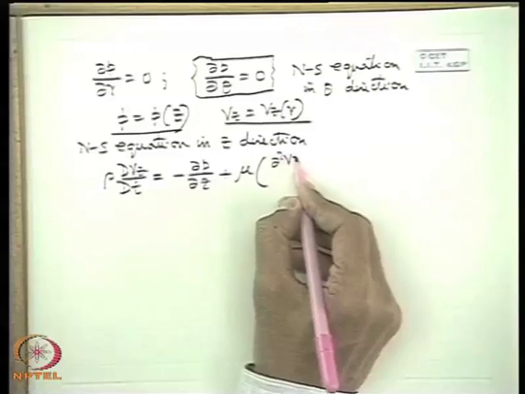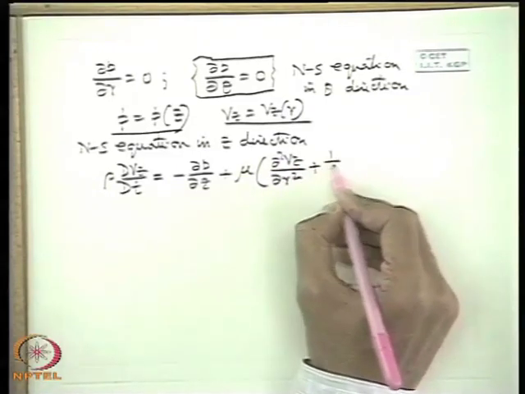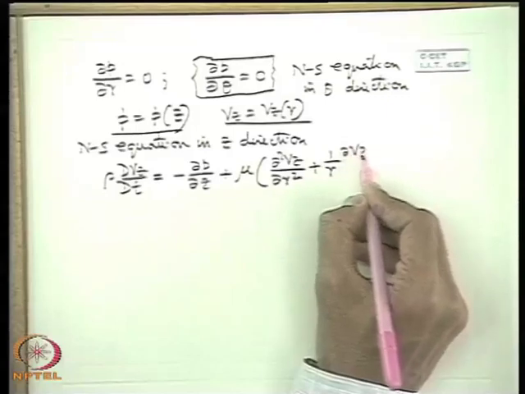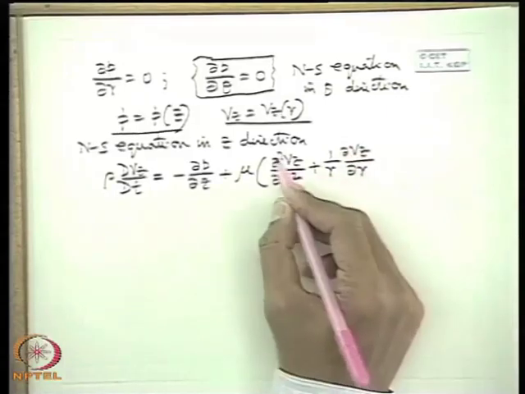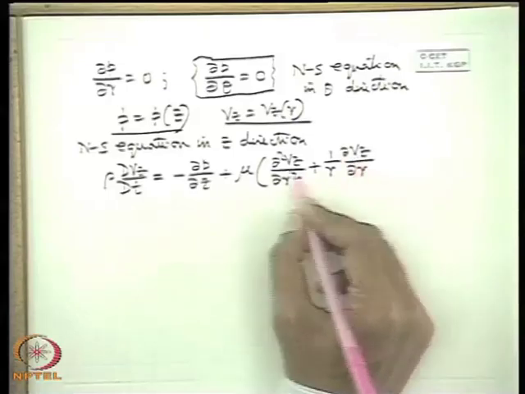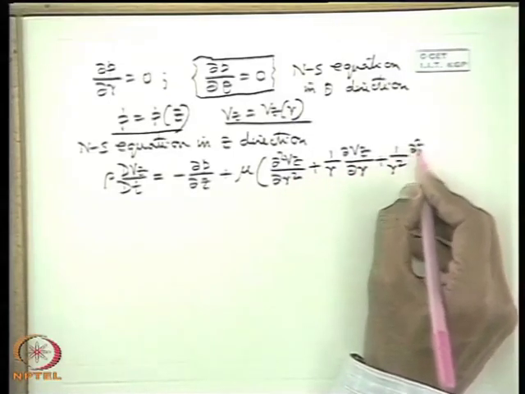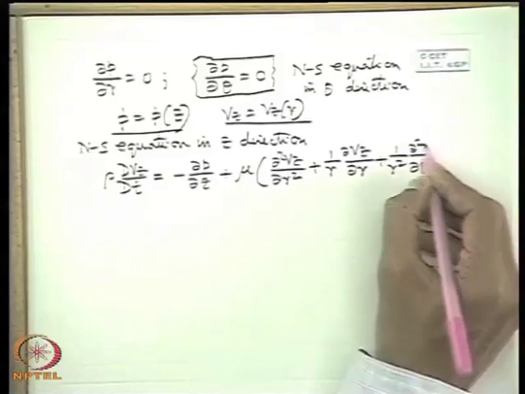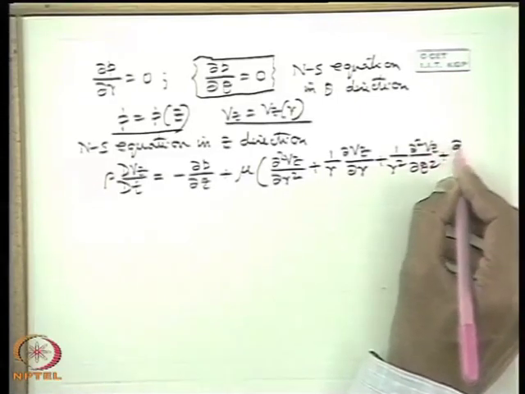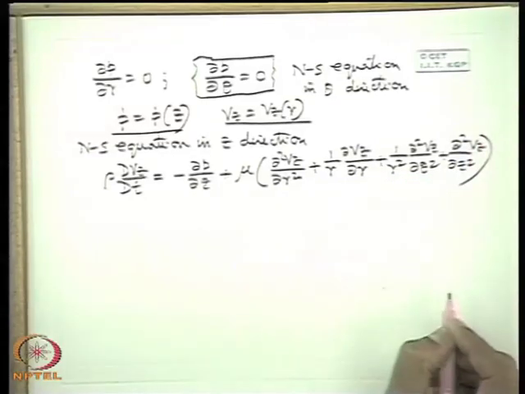The Laplacian in cylindrical polar coordinates, you know the operator: del square del r square plus 1 upon r del del r, operating on Vz, plus 1 upon r square del square del theta square operating on Vz, plus del square del z square operating on Vz. So this is the Laplacian.